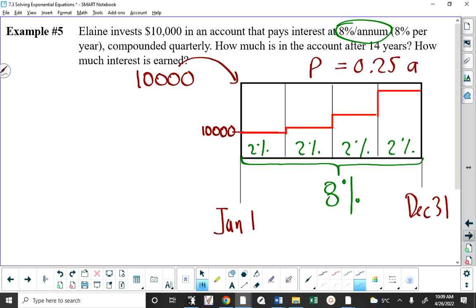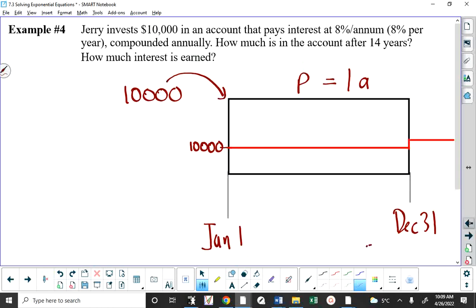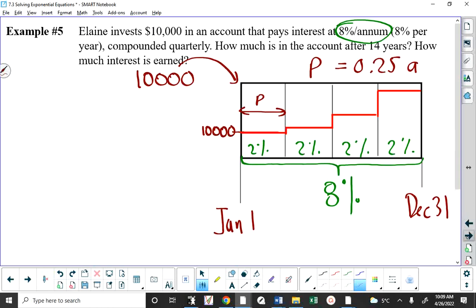P is the length of time it takes to earn interest. And I hope those graphics are helpful. Again, boy, this is really exaggerated, and especially if you compare it to Jerry's. Look how much Jerry earns. That's 8% of 10,000. There's no way that 2% of 10,000 is that big, but it's just a relative comparison.